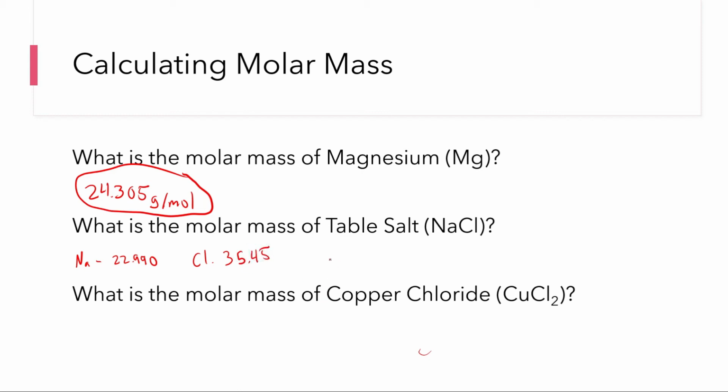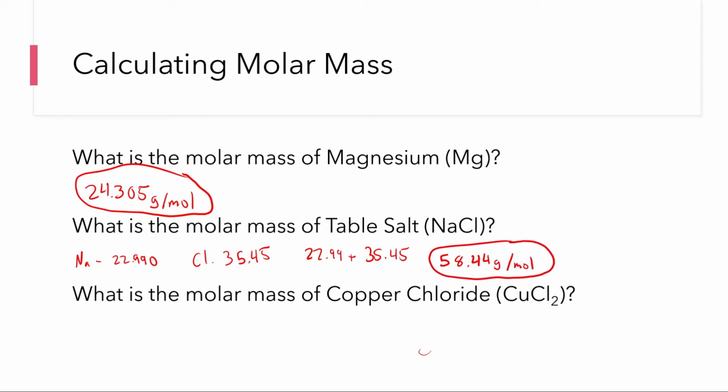So in order to get the molar mass of table salt, which is sodium chloride, we just need to add these two numbers together. So we have 22.99 plus 35.45, which gives us 58.44, and that is again in grams per mole.